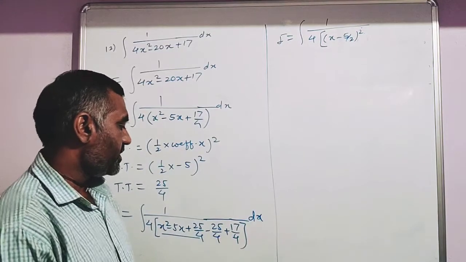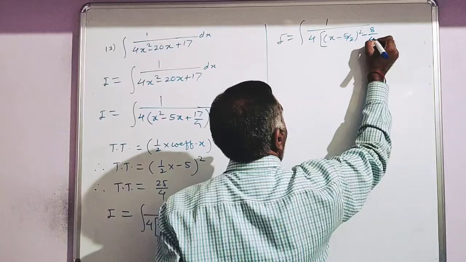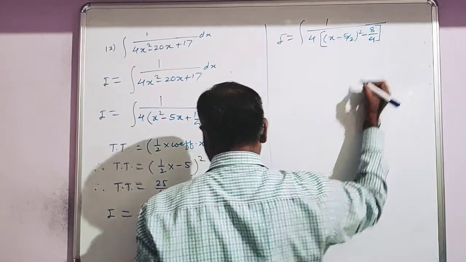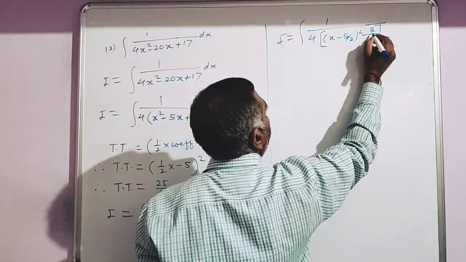Minus 25 plus 17 is -8, so -8/4. This 4 is common for all. 4 2s are 8.